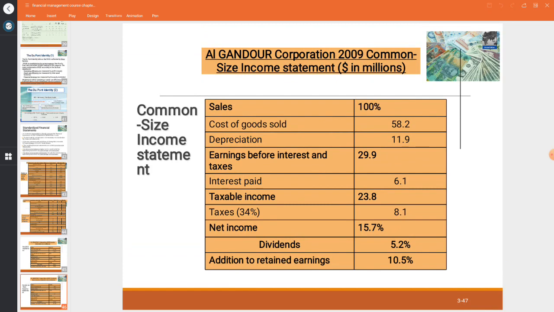And finally, you must be aware of standardized financial statements, and how we can produce the common size balance sheet and income statement in their standardized form.